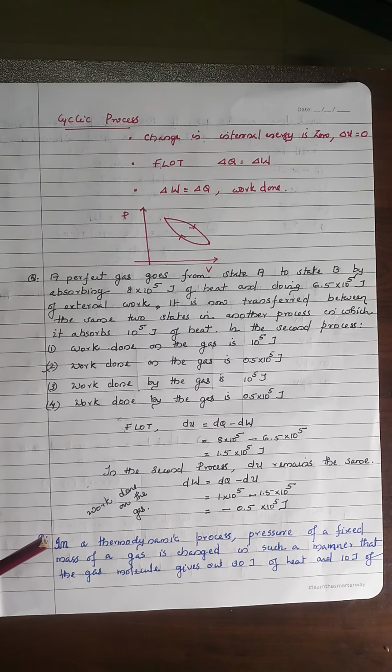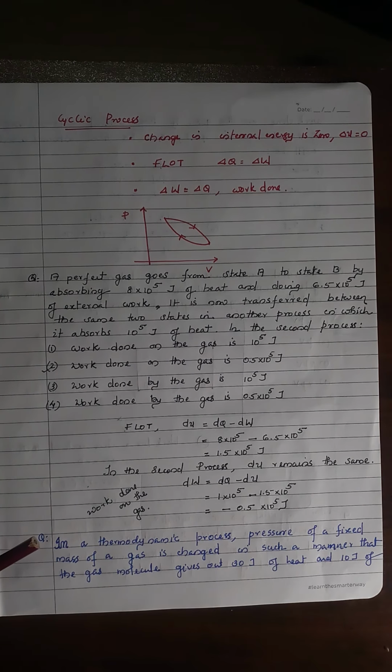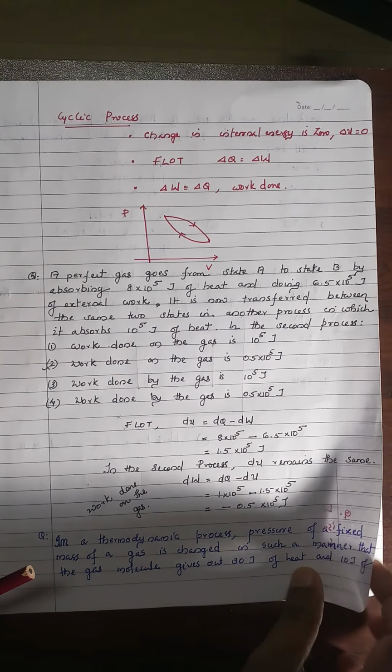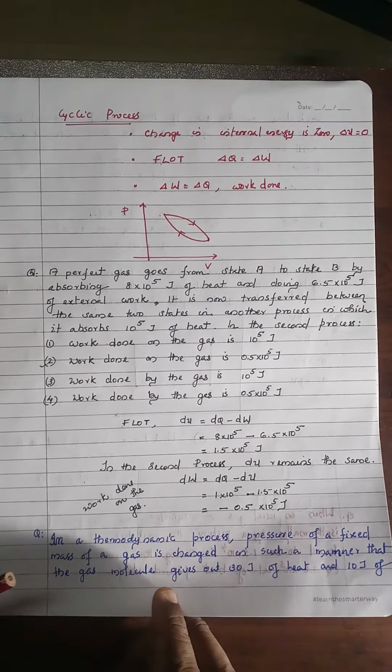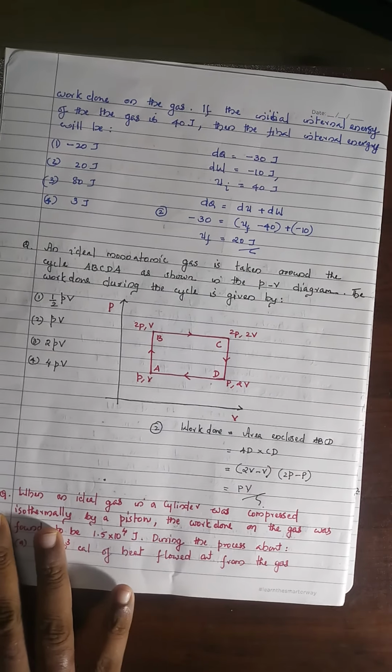Look at the next question. In a thermodynamic process, the pressure of a fixed mass of a gas is changed in such a manner that the gas gives out 30 joule of heat and 10 joule of work is done on the gas.